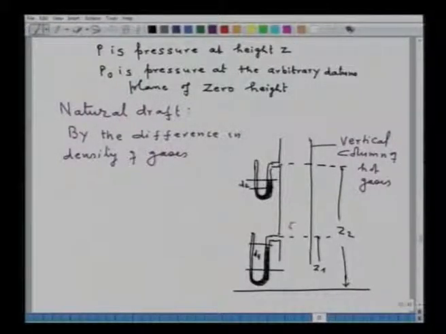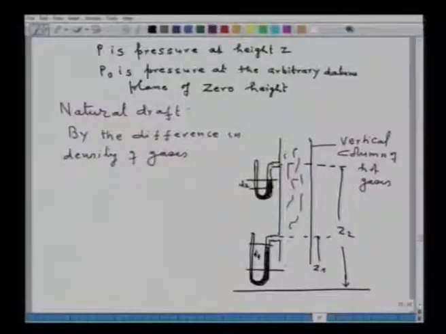This column is filled with hot gas, the gases are not flowing, and this column of hot gas is surrounded by air at ordinary temperature and pressure.